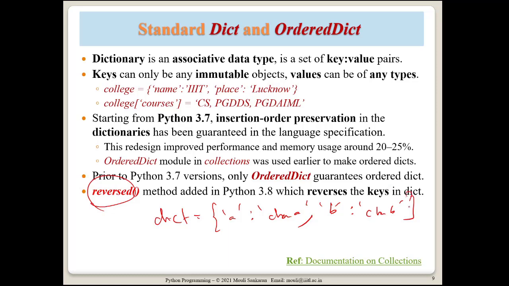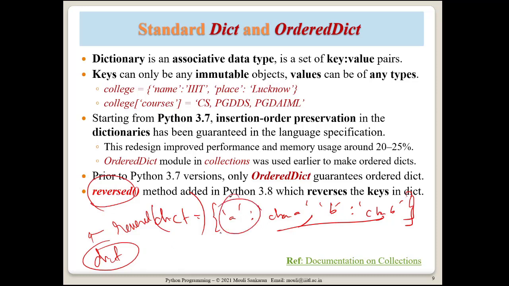Sorry, this is a dictionary. Now if you do a reversed on this dictionary, it returns a new dictionary, okay, which is actually, it doesn't return a new dictionary. You need to do something more.